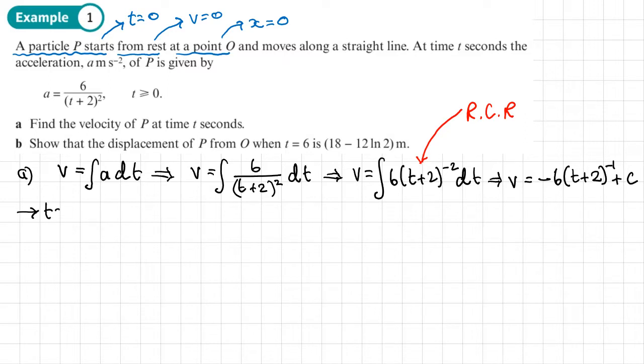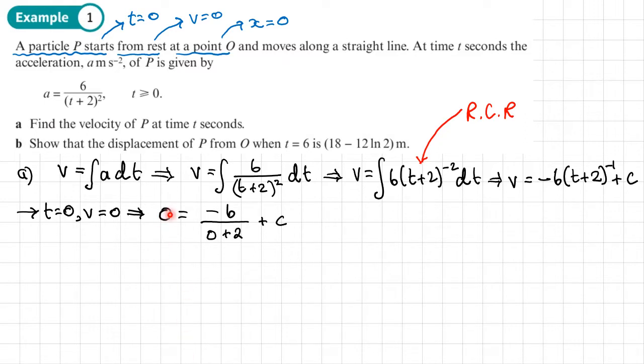We'll substitute those values in and we will get v, which is now 0, is equal to negative 6 times (t plus 2). Actually, let me write it as a fraction. That'll probably be easier to work out with our calculator. So negative 6 over (t plus 2) plus c, and now t is 0, so it goes in there, 0.